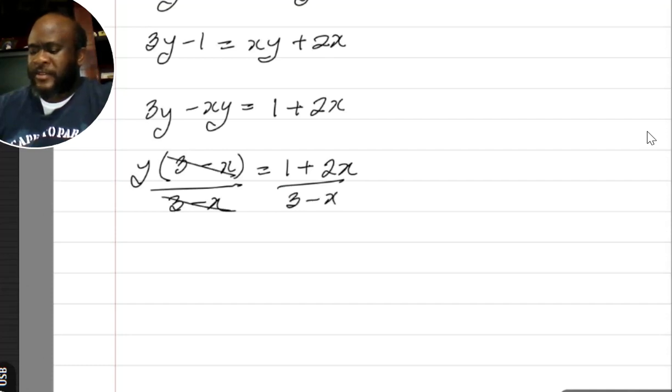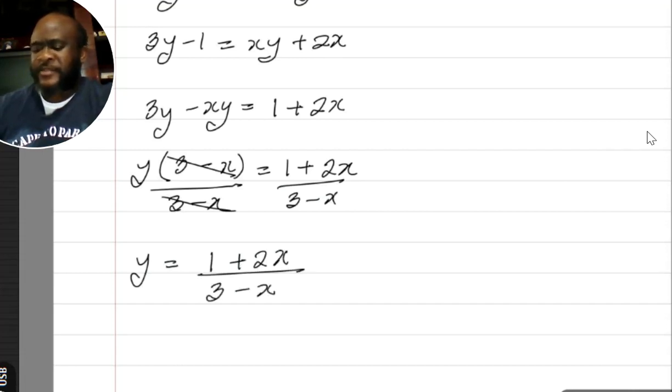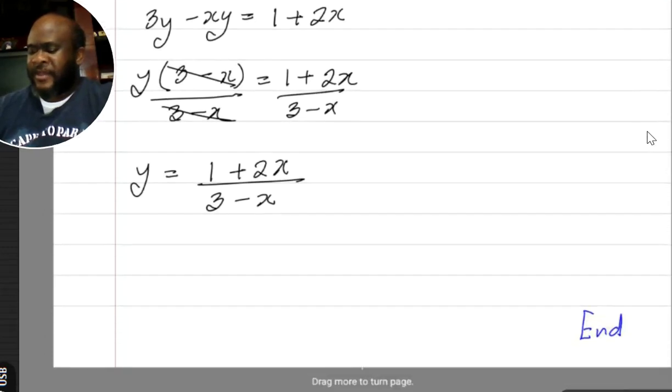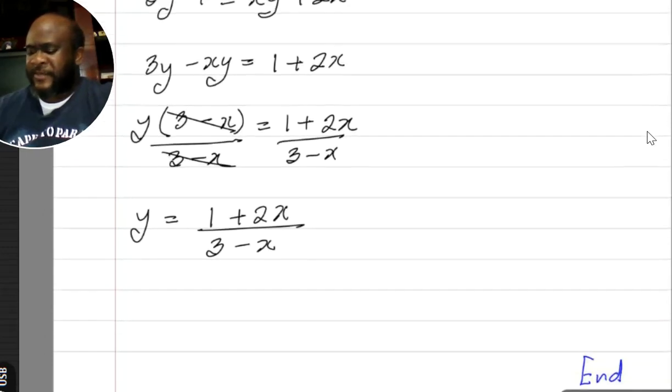These cancel, so I end up with y is equal to 1 plus 2x divided by 3 minus x. And my fourth and final step is to say g inverse of x is equal to 1 plus 2x over 3 minus x.